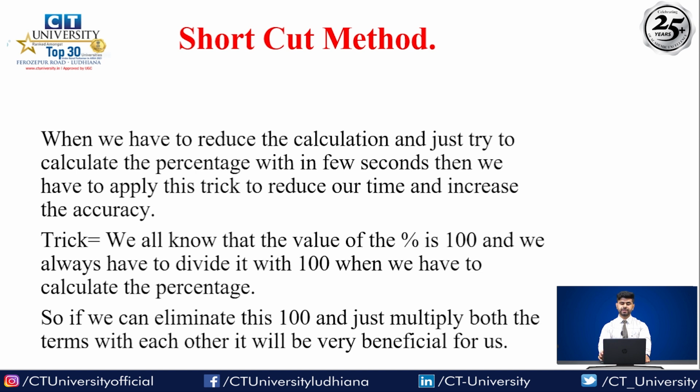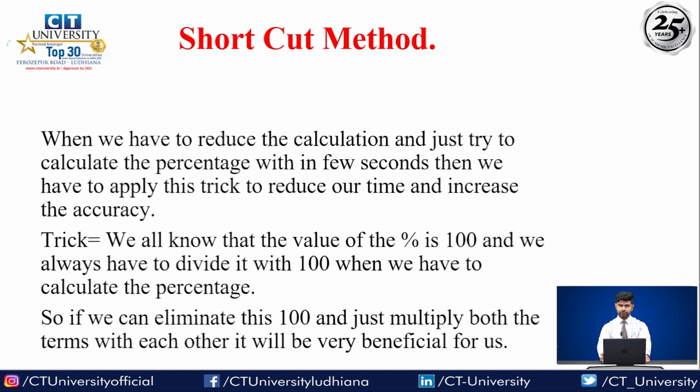That's why the trick is that we all know that 100% is 100. The value of percent is 100 and we always have to divide the value by 100. If I am taking 700 as the total and I have to divide it by 100, in this method we just eliminate that 100 from the equation so we can calculate the answers quickly.